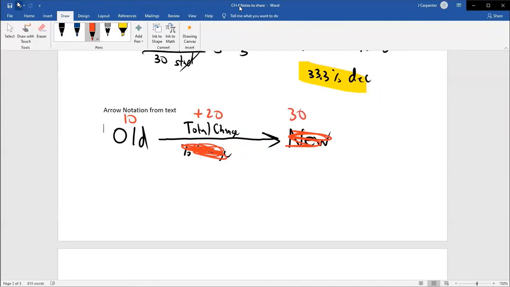Or if I said the old was 25 and the change was plus 10, that would make the new 35. Or if the change was minus 10, that would make the new 15. But the cool thing is, I don't have to give you the old and the change. I can give you the new.